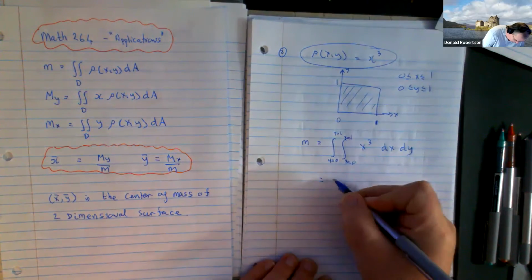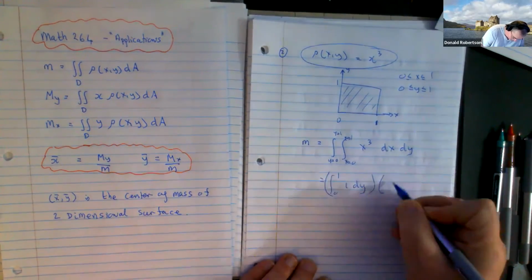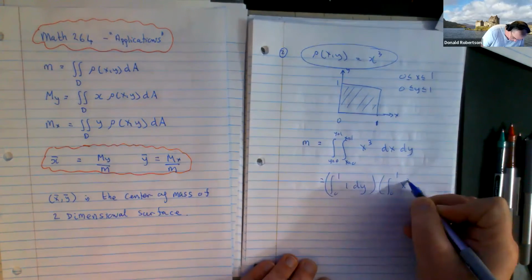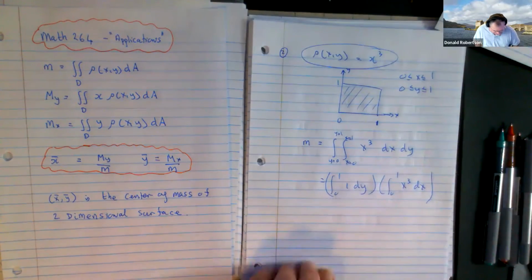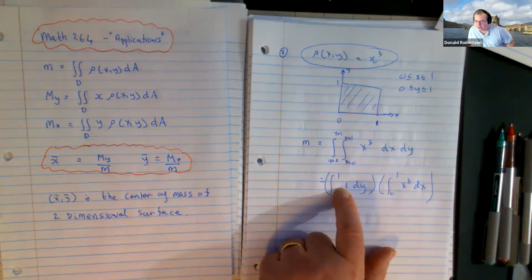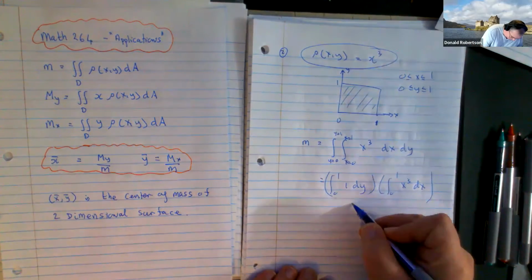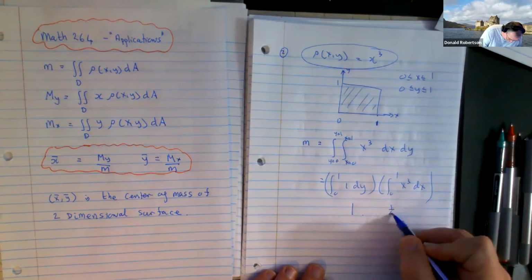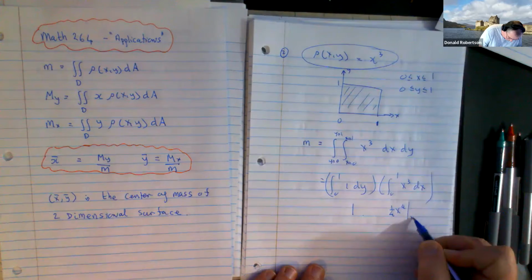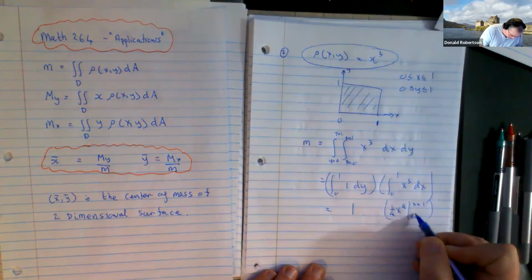So if you separate them, won't you have 0 to 1 of 1 dy and 0 to 1 of x cubed dx? Right. If you do enough of these, you can tell the answer without doing any integration at all. Would you agree that's 1? And if it's 0 to pi, it's pi, right? So that's 1. This is going to be 1/4 x to the 4 evaluated at 0 and at 1, but that ends up being 1/4.